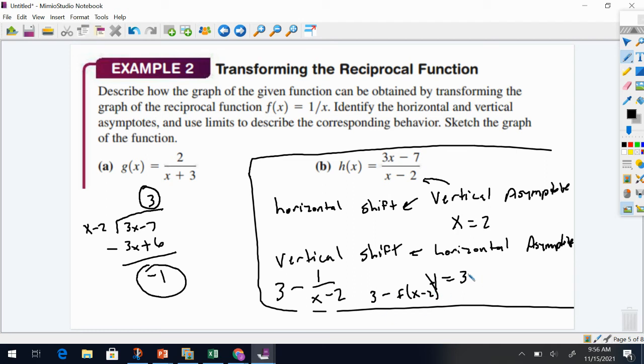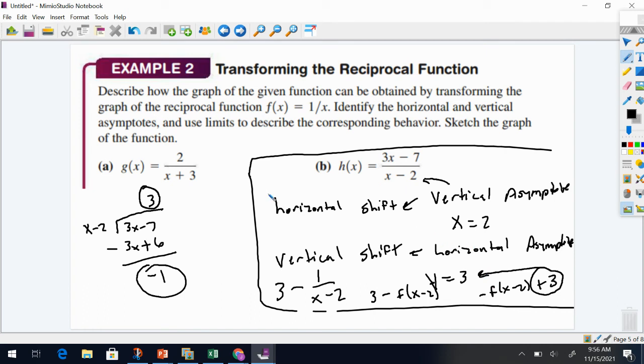There's my x minus 2. And again, this can be written as negative f of x minus 2 plus 3. That's my horizontal asymptote. But this is what I really want to show. This is going to show that the graph flips about the x-axis. Okay, that's negative f. It's the same thing as we had before.